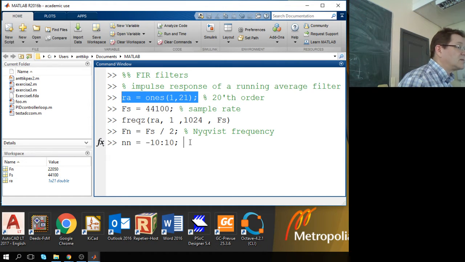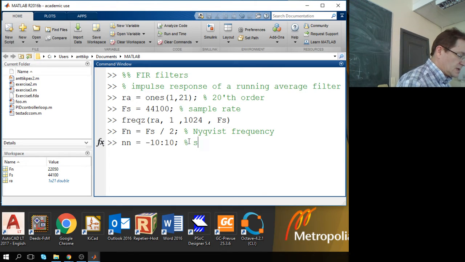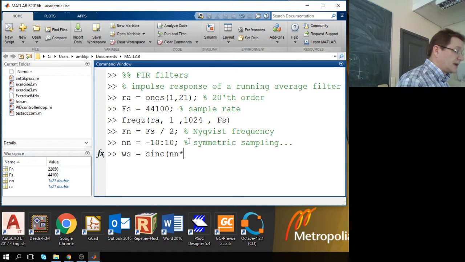So same 20th order system and basically symmetric with the 0 point. Symmetric sampling. All right, and now we sample the sinc: sinc of n times the cutoff frequency 4000 divided by the Nyquist rate. Let's see if I got it right.